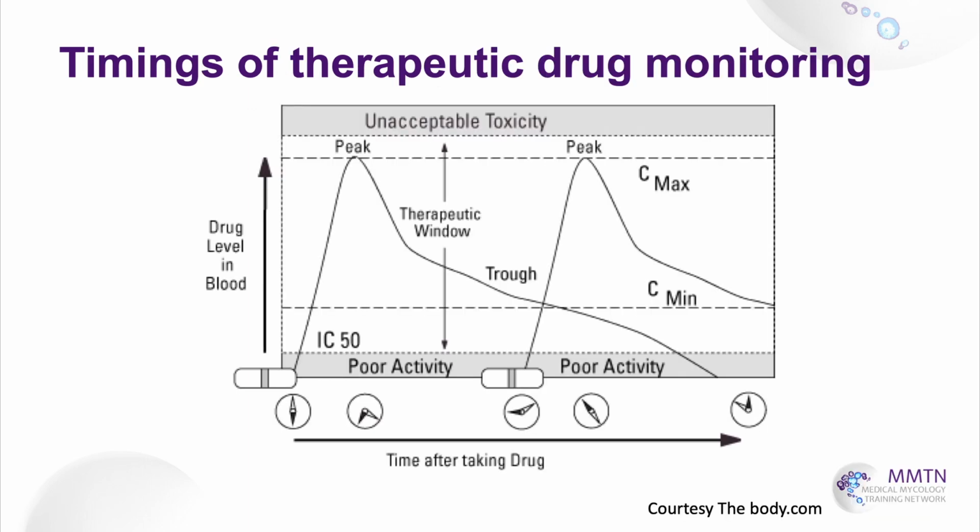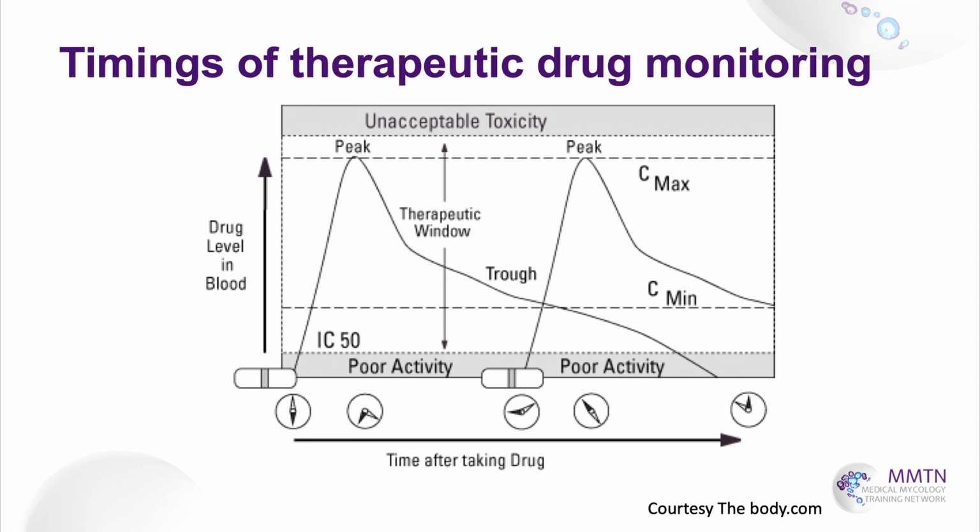Now the important clinical question is when you are going to collect the blood for therapeutic drug monitoring. We need to understand that we are looking at two levels: one is the peak level and the second is the trough level. For azole therapy, we generally look for trough levels.